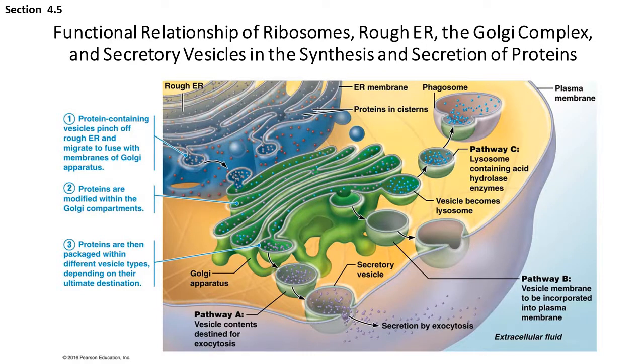A functional relationship between ribosomes, rough ER, Golgi complex, and secretory vesicles in the synthesis and secretion of proteins. So proteins containing vesicles pinch off the rough endoplasmic reticulum and migrate to fuse with membranes of the Golgi apparatus. Proteins are then modified within Golgi compartments.